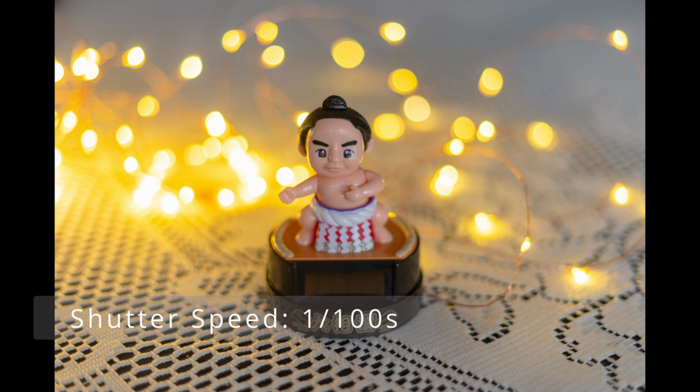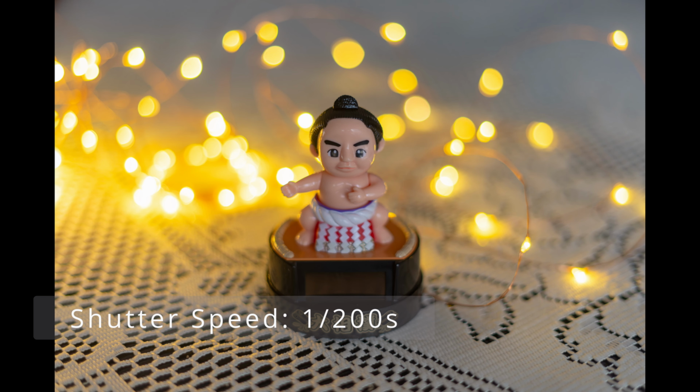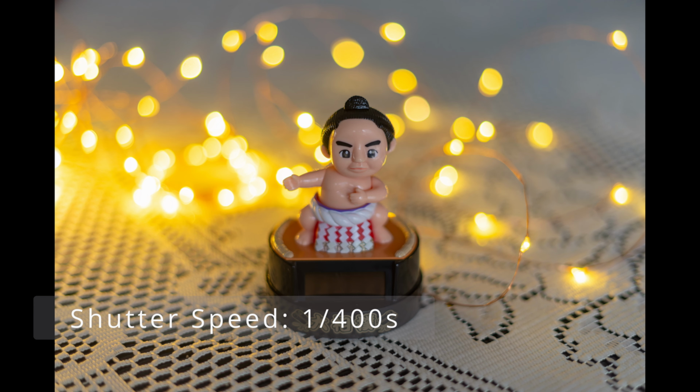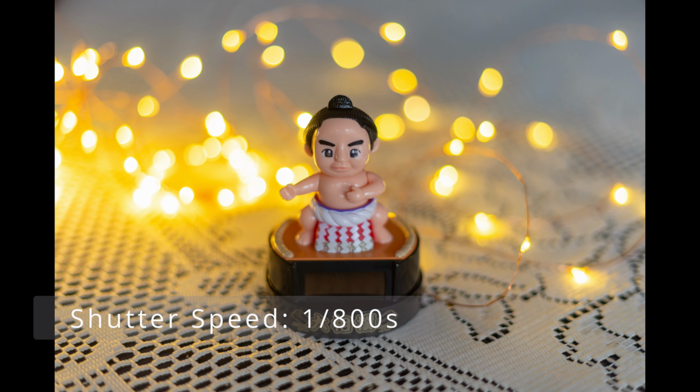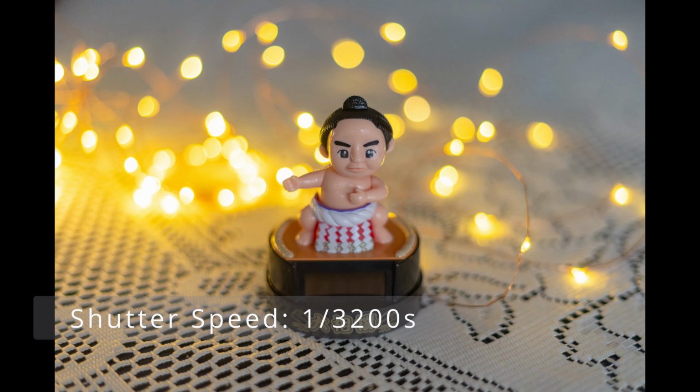And eventually, at around, I think it's about 1/100th of a second, the motion becomes less perceivable, and you're almost starting to freeze his motion, even though he's still moving. You're producing the image so quickly that it's not perceiving the amount of motion that he's doing.